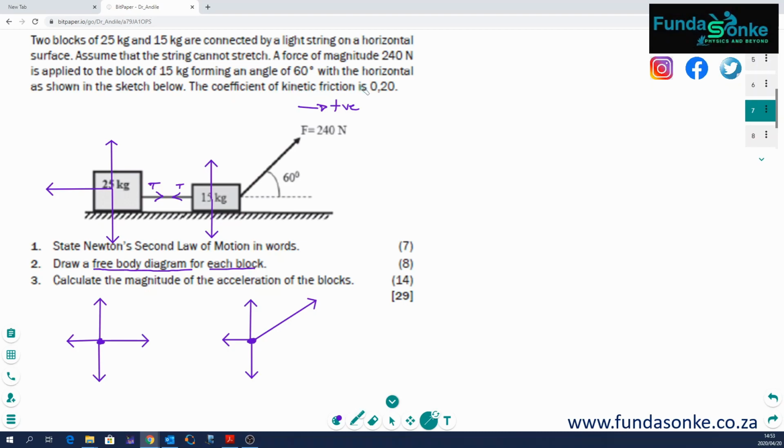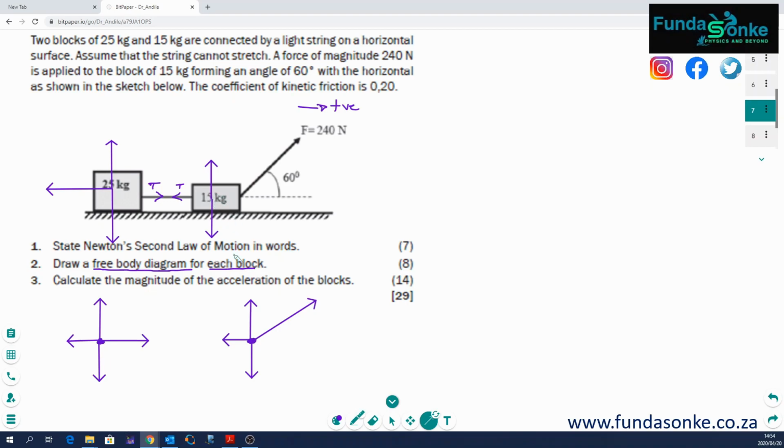Now I've drawn all the forces acting on this object here, of which we must not forget that we've got this kinetic coefficient of friction, which means that there's a frictional force acting on the two masses. With the 25 kg mass, we have already included that frictional force. However, with the 15 kg mass, we have not included that frictional force.